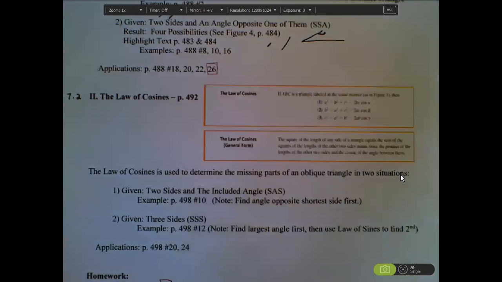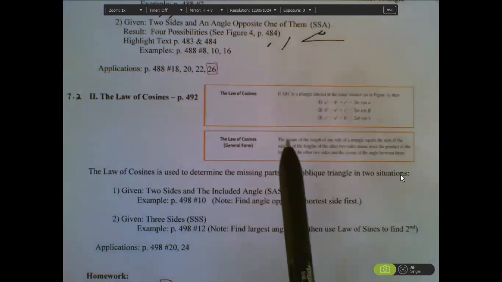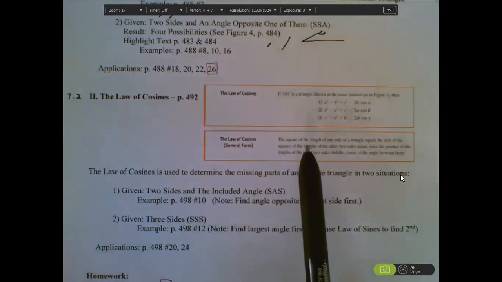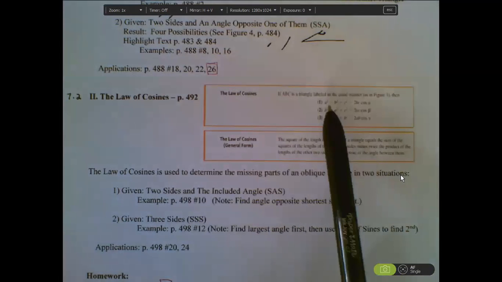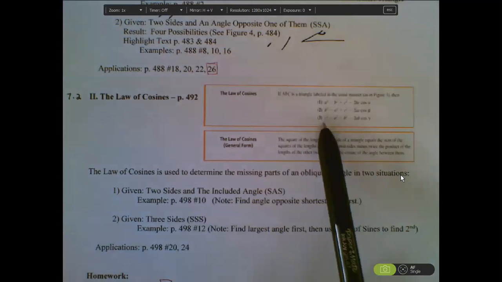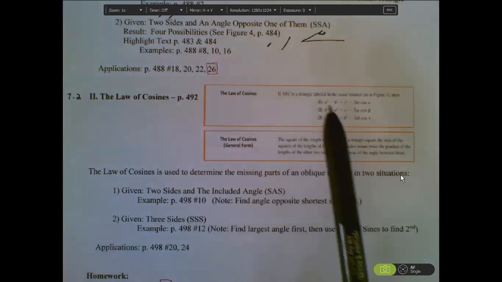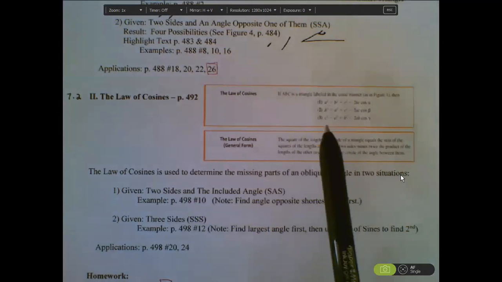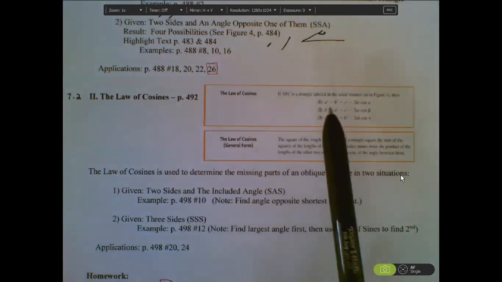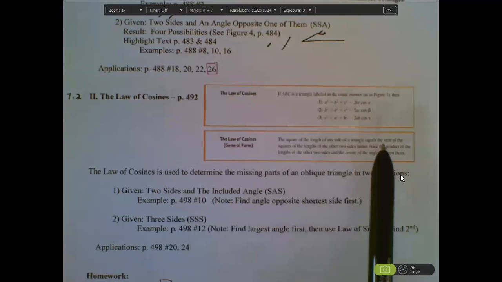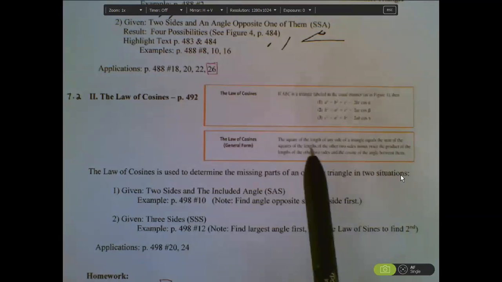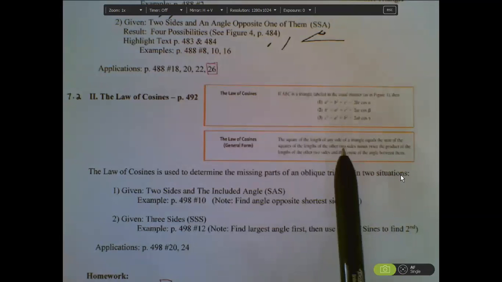The general form of the law of cosines says the square of the length of any side of a triangle. Well, a side of a triangle is either A, B, or C. So this first phrase is giving me A squared or B squared or C squared. Let's just talk about if we're looking for A. Then the square of the length of A equals the sum of the squares of the length of the other two sides.